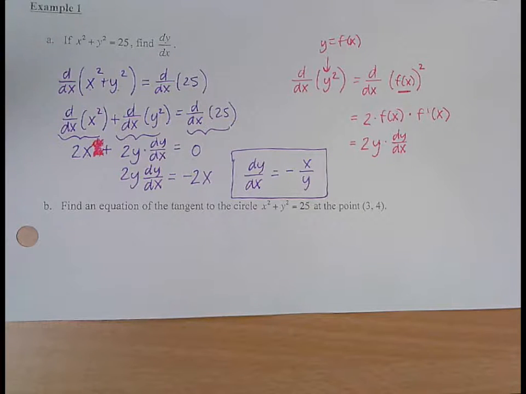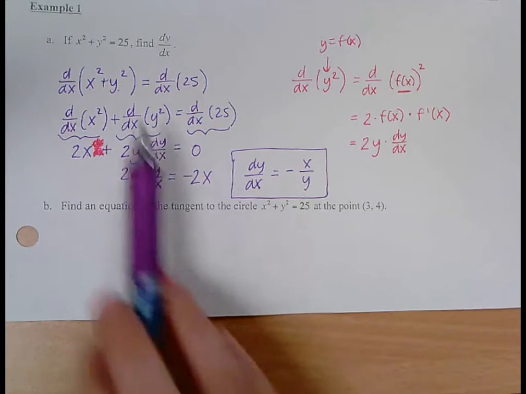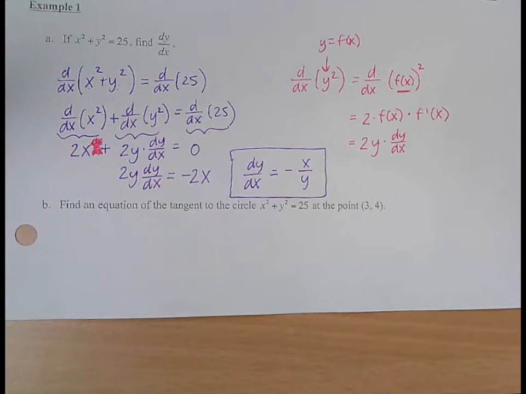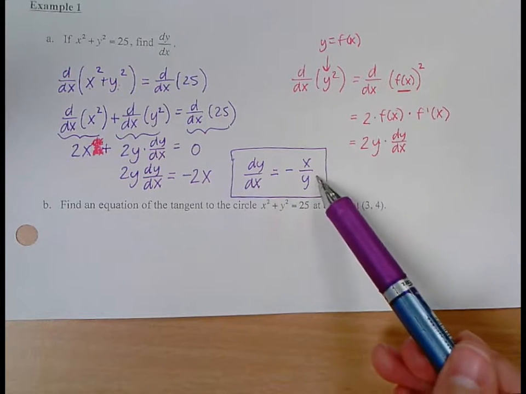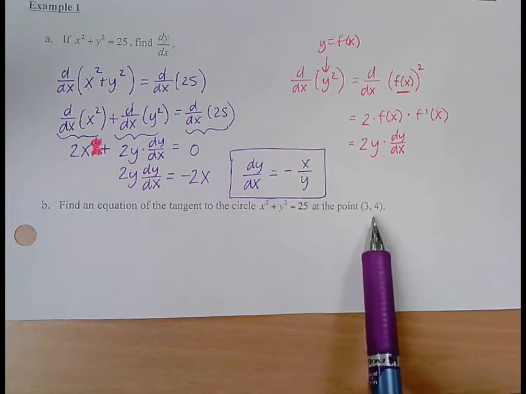Part B to this example, I just included because you have a derivative that's not just in terms of x. So now if it says find an equation of the tangent line to the circle x squared plus y squared equals 25, that's the same function, at the point 3, 4, you find the equation of the tangent line the same way. So we need the derivative, which we just found. The slope is the derivative evaluated at our point.